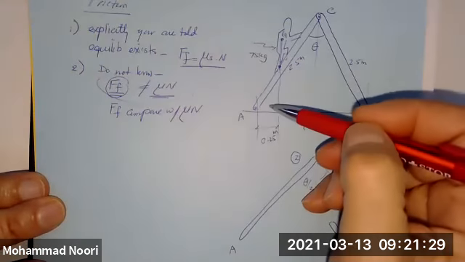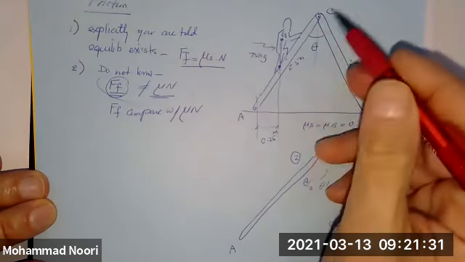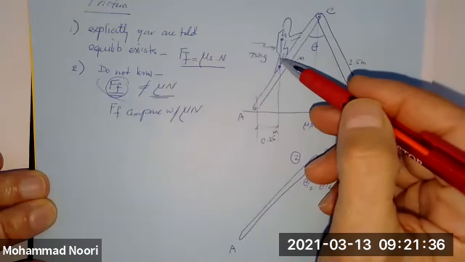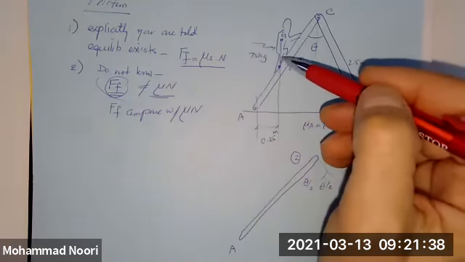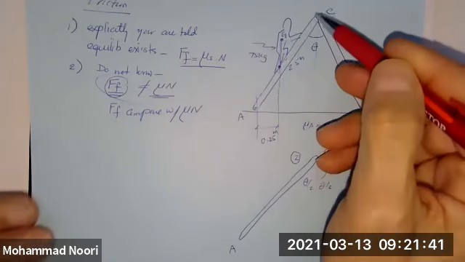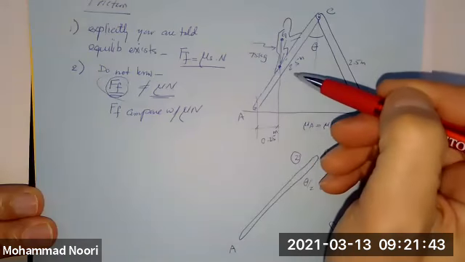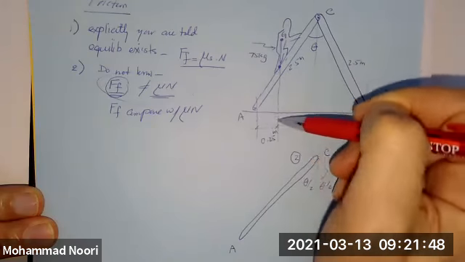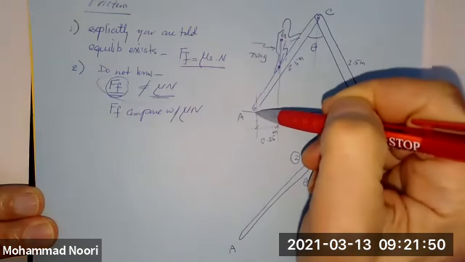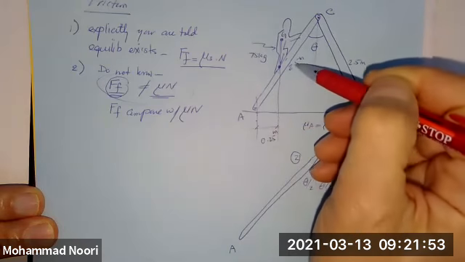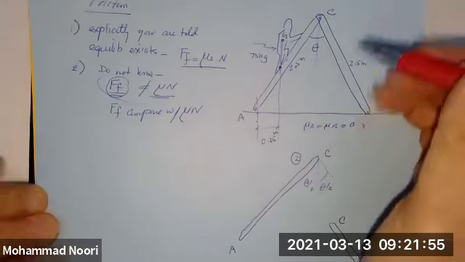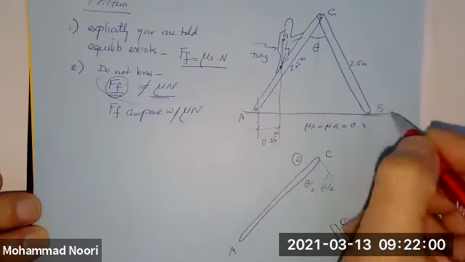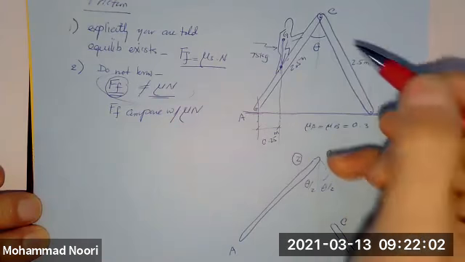So let's say this is a ladder. This guy has 75 kilogram mass. He's climbing up, and he wants to stand at a point which is 0.25 meters from this end. This ladder opens and closes, and these surfaces, of course, have friction.